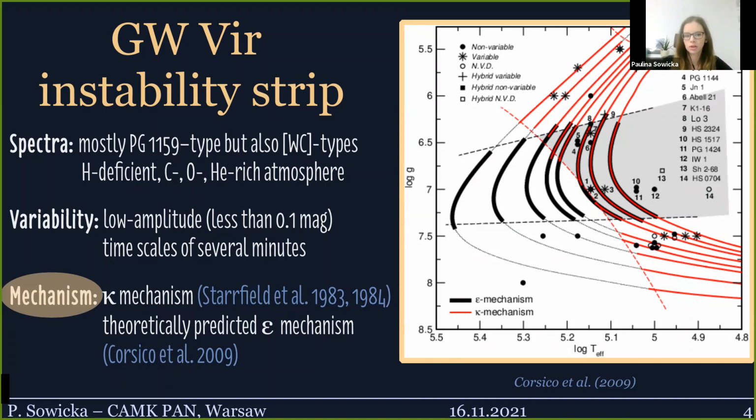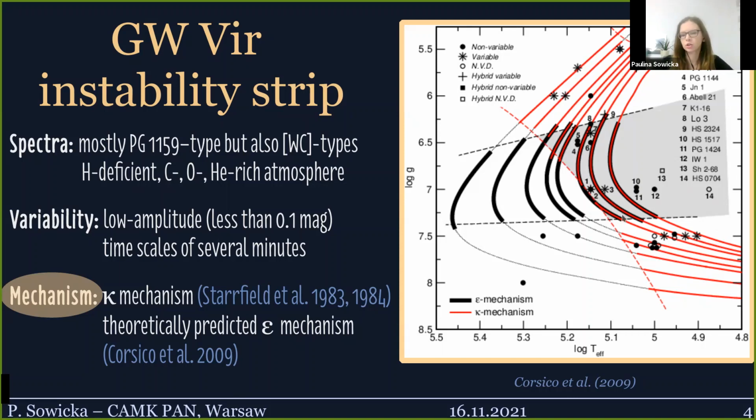But there is also a theoretically predicted epsilon mechanism that is connected with the varying nuclear energy generation rate in these stars. And you can see in this picture, along the evolutionary tracks, the regions in black where the epsilon mechanism could operate, and in red where the kappa mechanism could.